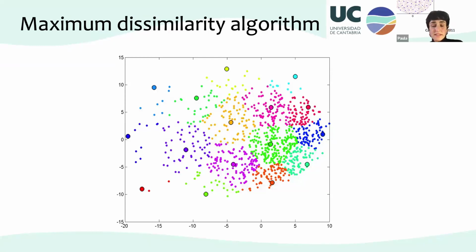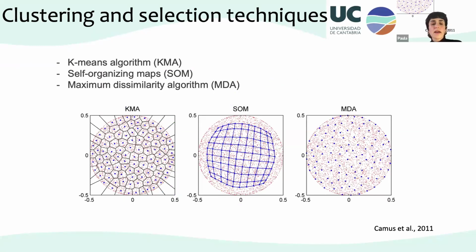The way these techniques work conditions the outputs, the clusters and the centroids that we obtain. In the case of K-means, these centroids are uniformly distributed. In the case of the SOM, the lattice constrains this distribution of the centroids, but preserves the similarity between the clusters and provides a map with an easy visualization of the results.